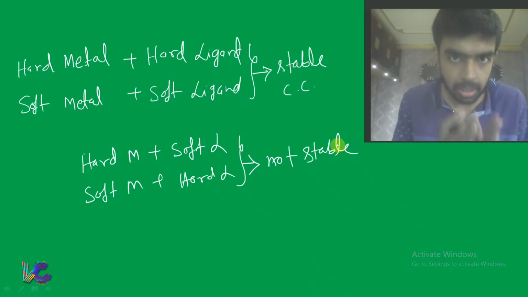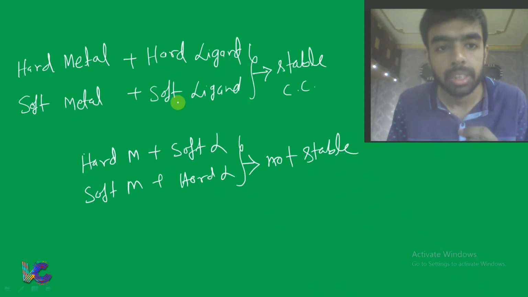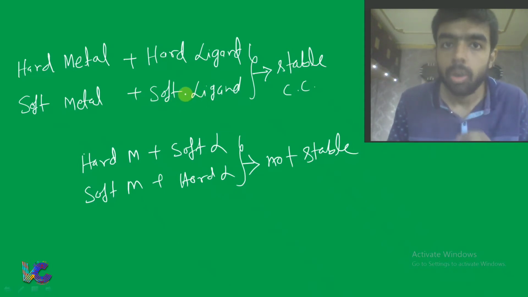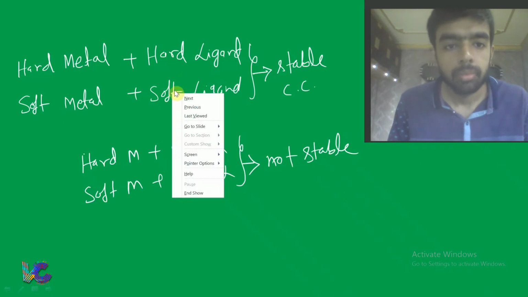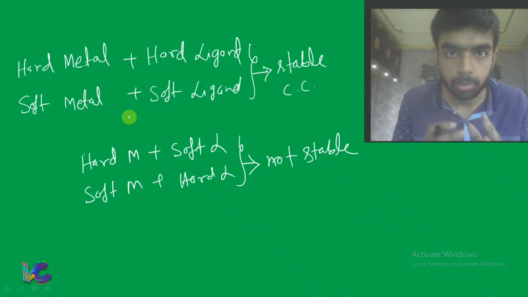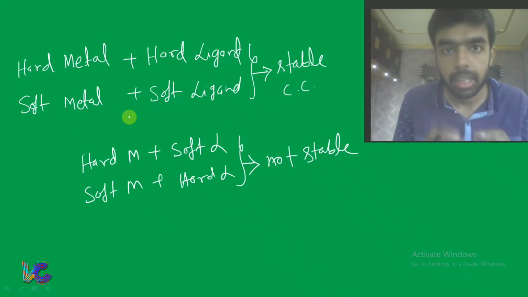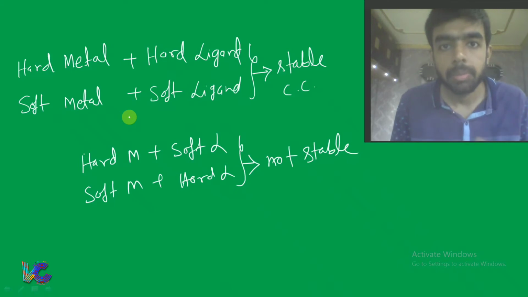But hard metal with hard ligand, or soft metal with soft ligand, will lead to a stable coordination complex. So hard-hard and soft-soft combinations are more preferable than hard-soft combinations. That is what the HSAB principle is telling us.